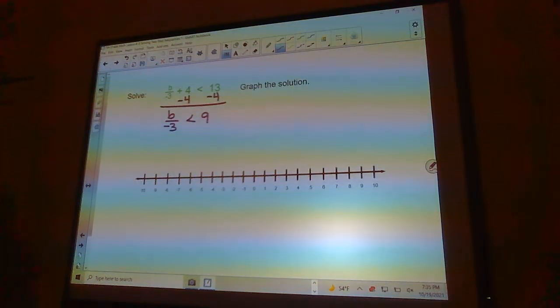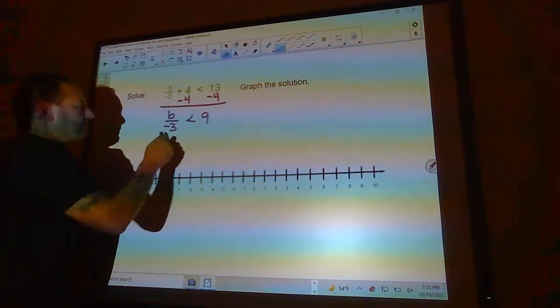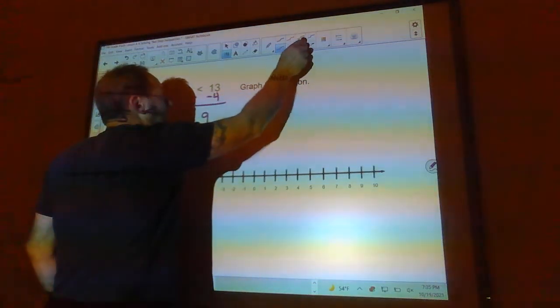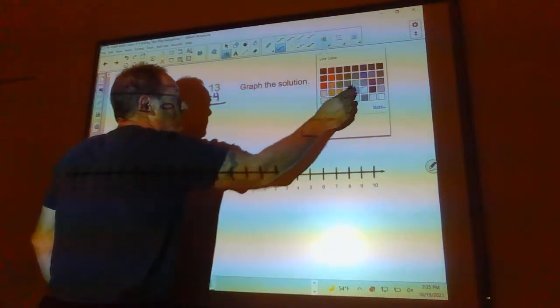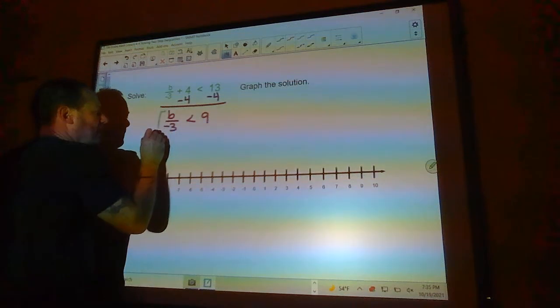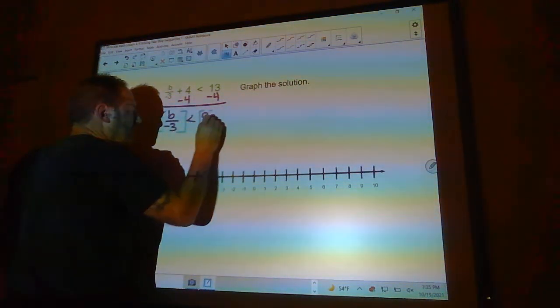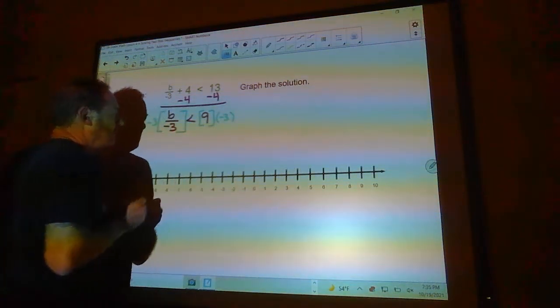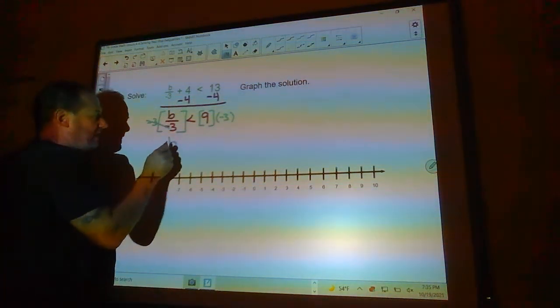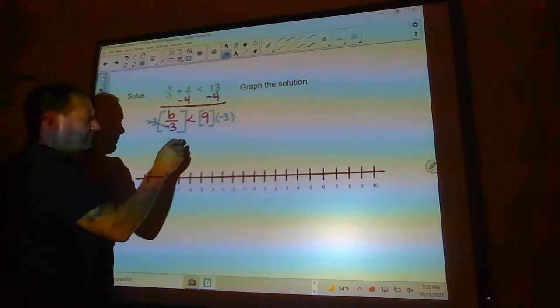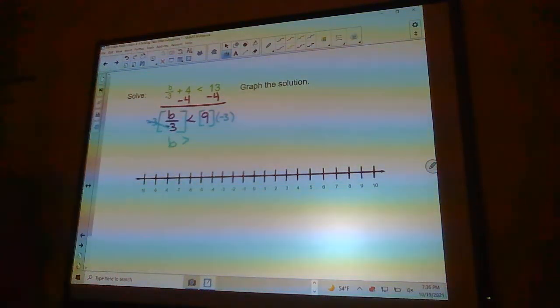Next step, I have to get rid of this negative 3, so I'm going to multiply both sides by negative 3. This cancels that, I get b. Now, I multiplied by a negative, so I'm going to flip the sign, so now it's greater than.